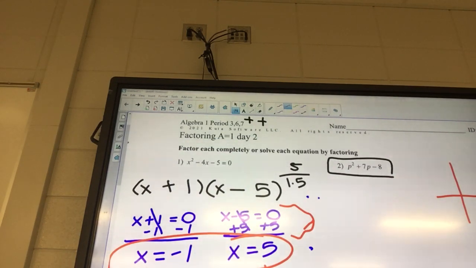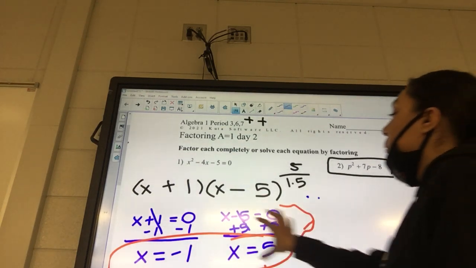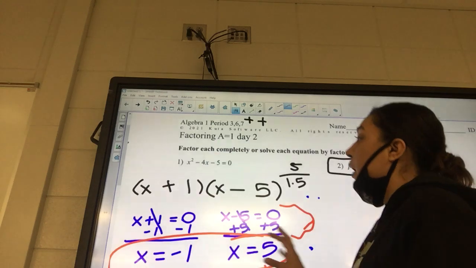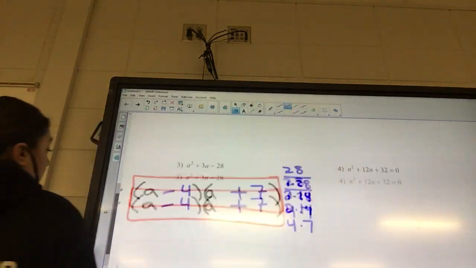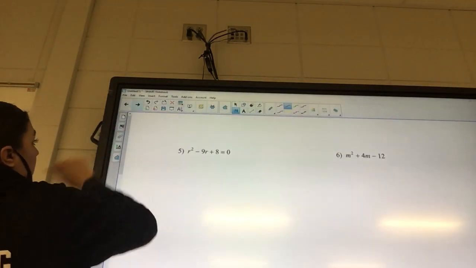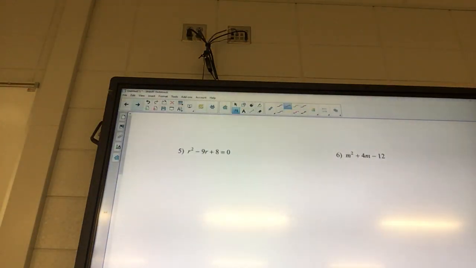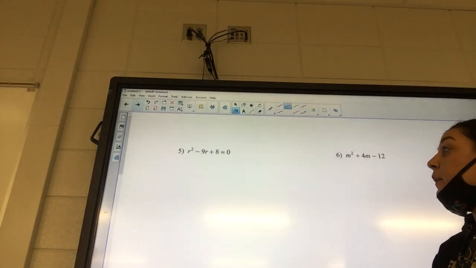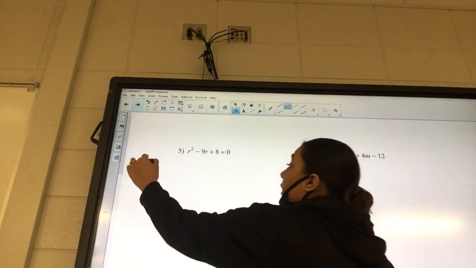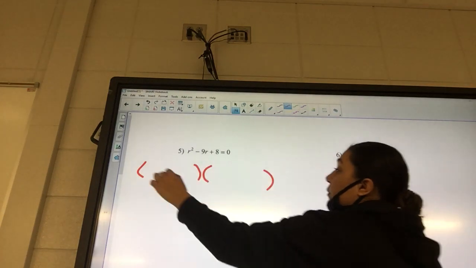Anyways, okay, so this part is going to be your answer. Let's go to number 5. We're going to do this one the shortcut way. Draw your two parentheses. Fill in the x's.